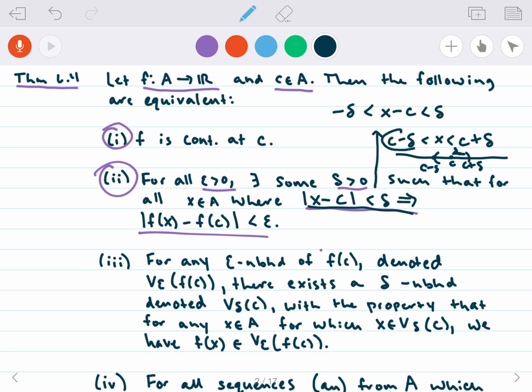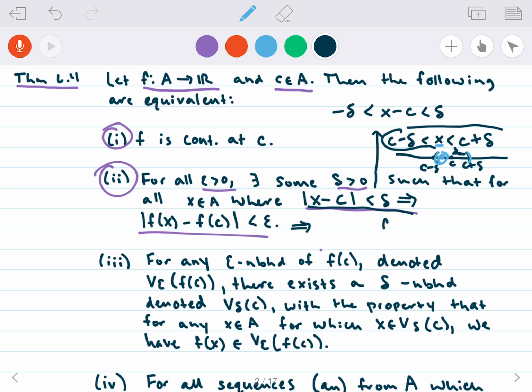And this statement is saying that x is going to live somewhere in this neighborhood bounded by c minus delta and c plus delta. Okay, so that's exactly what this is saying. And you can say the same thing here. So again, we're saying x is in this delta neighborhood centered at C, and that's going to imply that f of x is in the epsilon neighborhood centered at f of C.